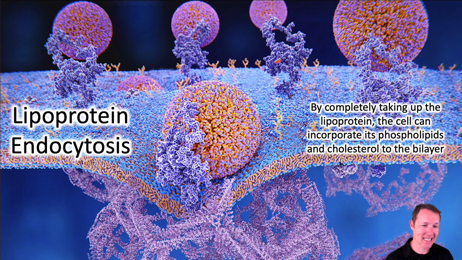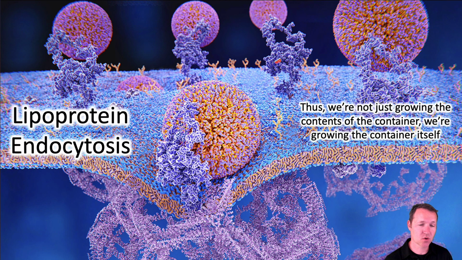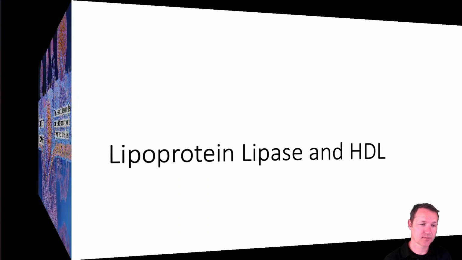And by completely taking up this lipoprotein, the cell can incorporate its phospholipids and cholesterol into the bilayer. After all, the lipoprotein is literally made up of the same phospholipids and free cholesterol that the bilayer makes use of. Thus, we're not just growing the contents of this container, we're growing the container itself.